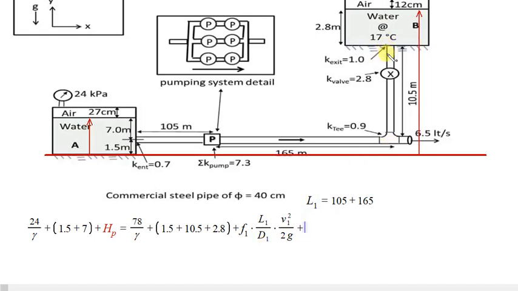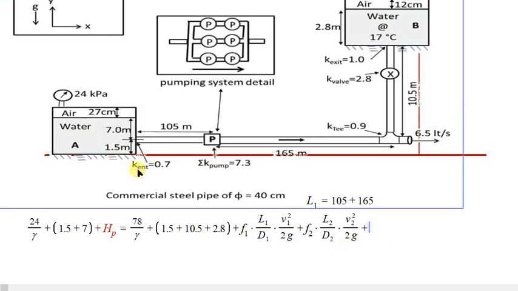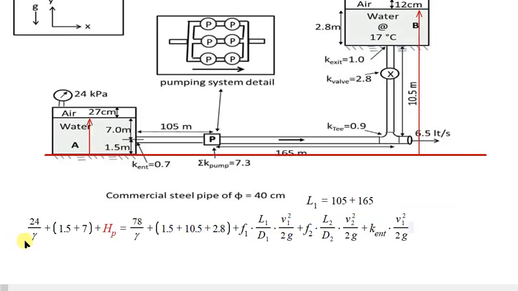Now that pipe I will consider as another pipe, the vertical one, F2 L2 over D2 multiplied by velocity 2 squared over 2g. Okay, plus what is next? Starting with minor losses. Firstly we have K entrance, so K entrance multiplied by which velocity should it be? Velocity 1.